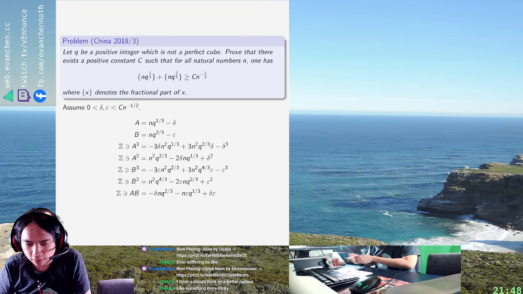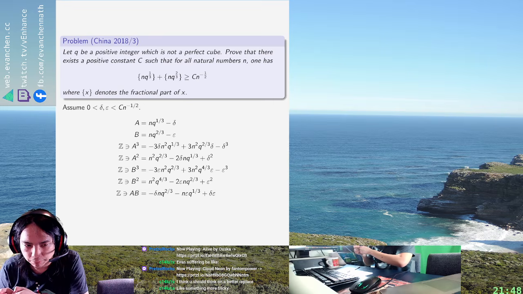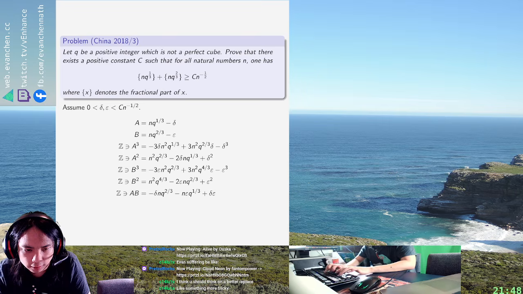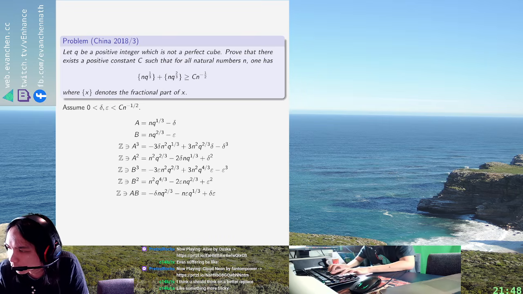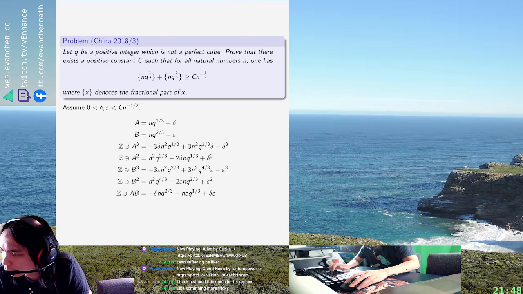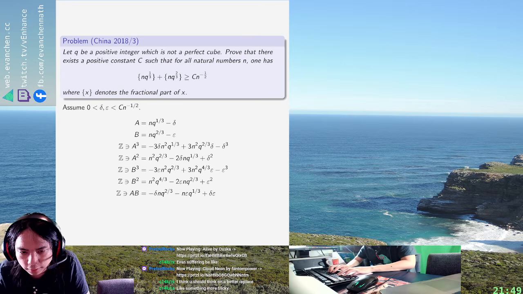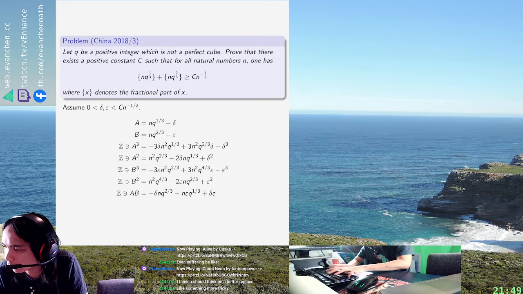6n squared q to the 2/3 delta minus 2 delta cubed minus 2. So these two things cancel off. That's why we're doing this. And then this is minus 3n cubed. Oh my god, 3n cubed q to the 2/3.